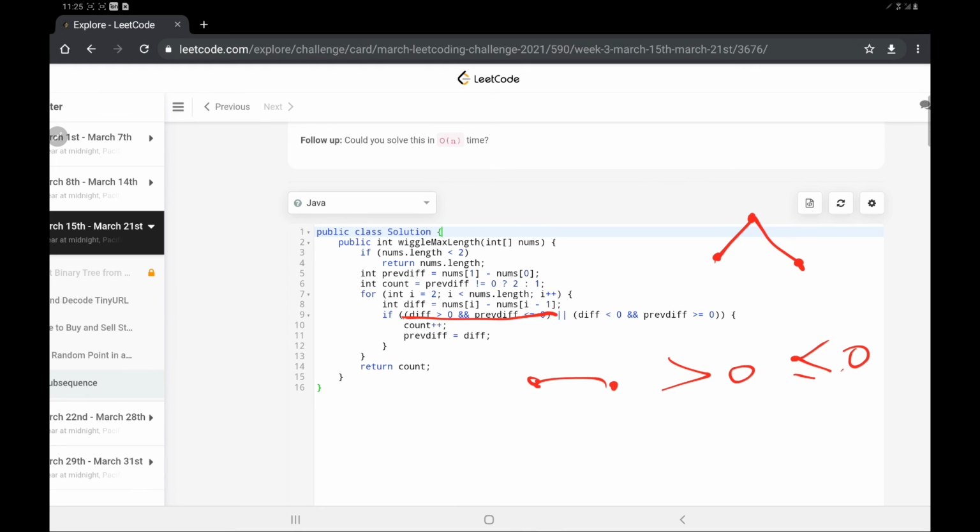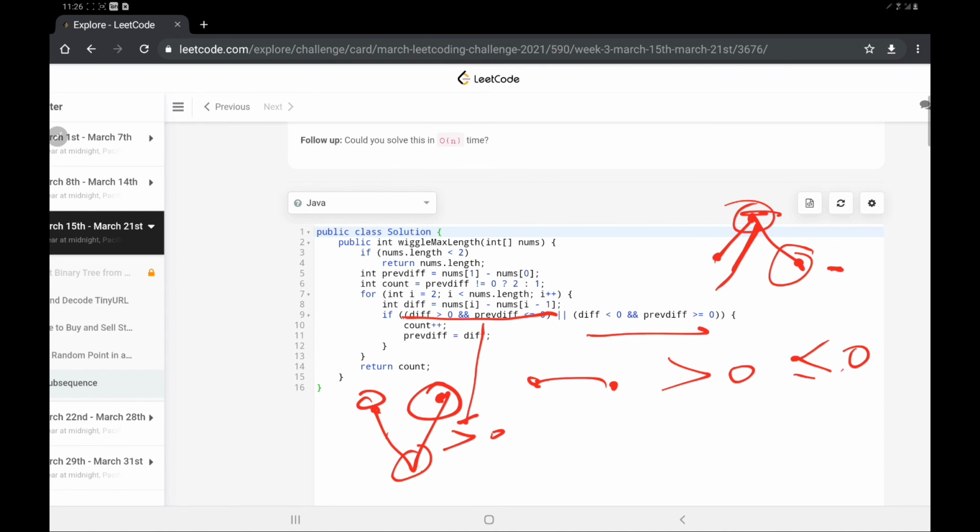And similarly, if the difference of this number and this number is less than 0, that is, this number is smaller than this number, like in this case, the previous difference should be greater than or equal to 0. If either of the two conditions is satisfied, because it could be either, not both, we increase our count value and set our previous difference to the difference. At the end, we return the final count.